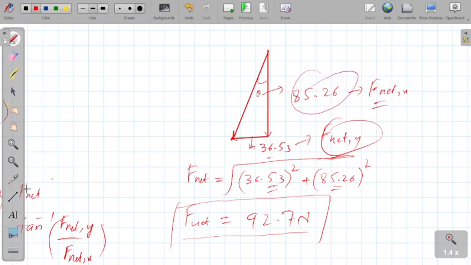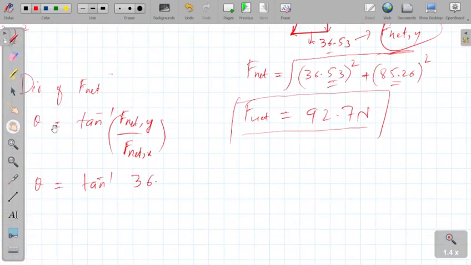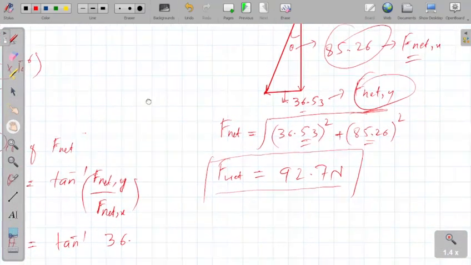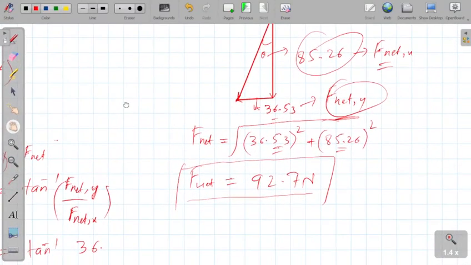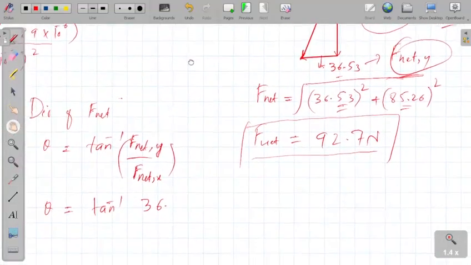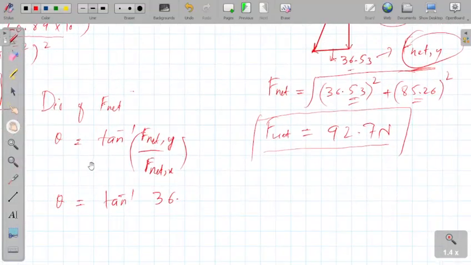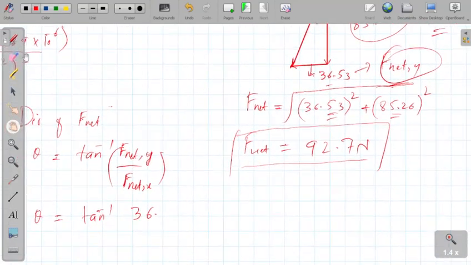So putting the values here, F net X, F net Y. F net Y is given as 36.53 divided by 85.26.